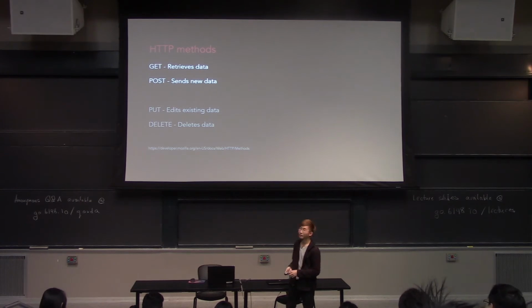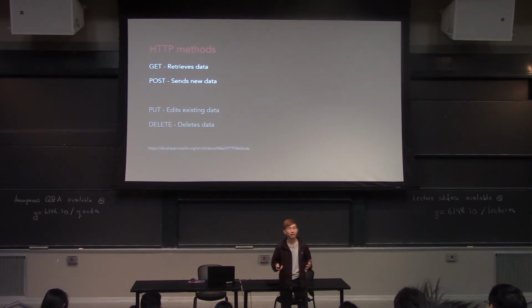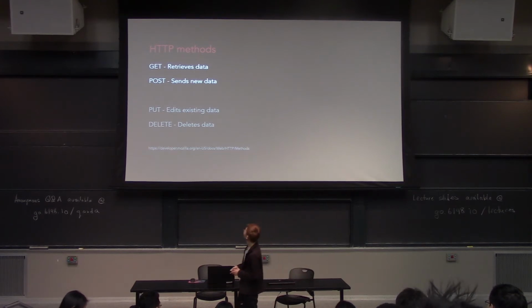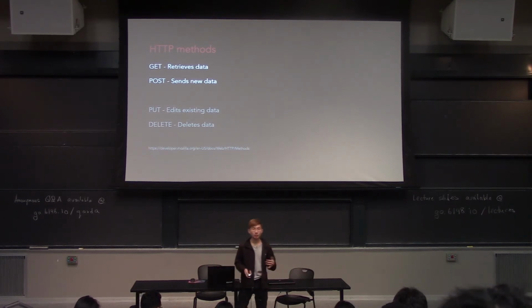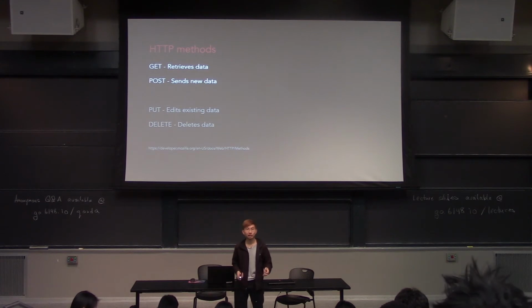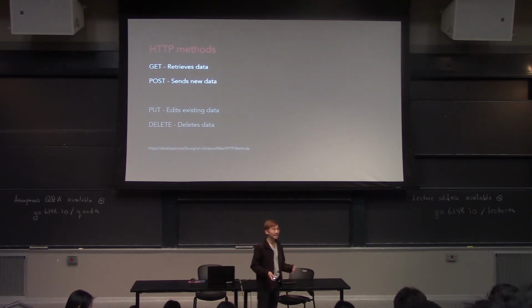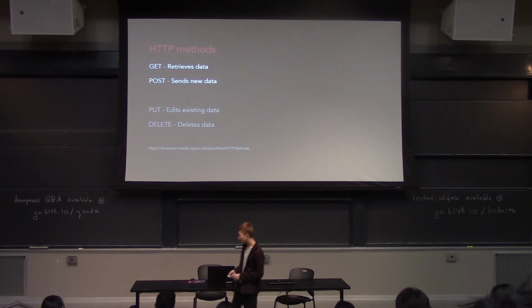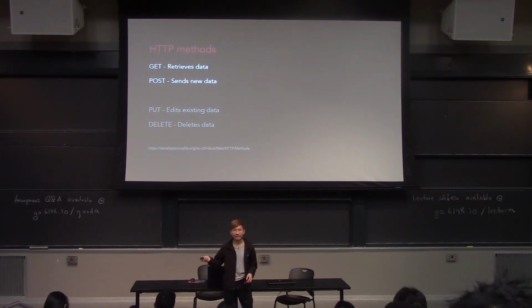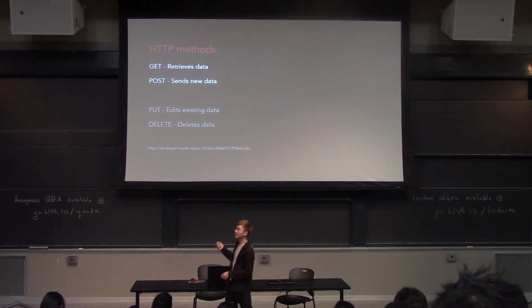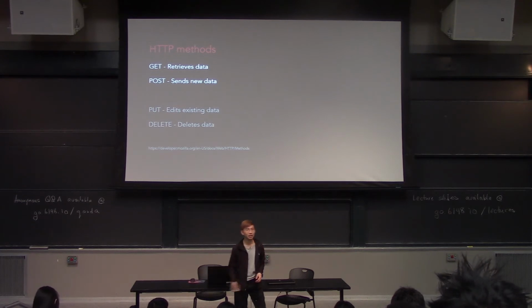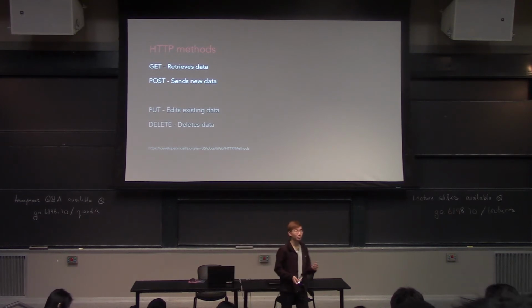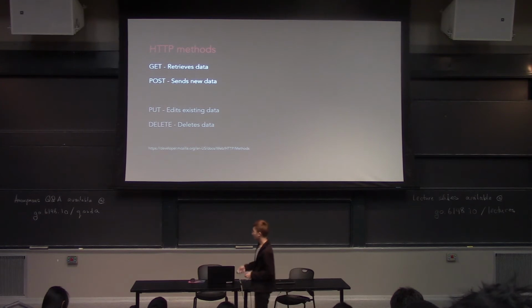So for example, again on Facebook.com, if you want to make a new post to your wall, when you click the post button, it'll send a POST request to the server with information containing, say, the text of your post, maybe timestamps and other information. And then the server will update the database based on what you sent, and then send you a response saying, okay, cool, we got it.